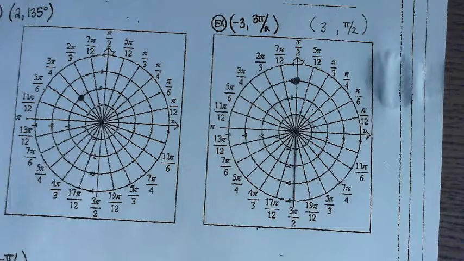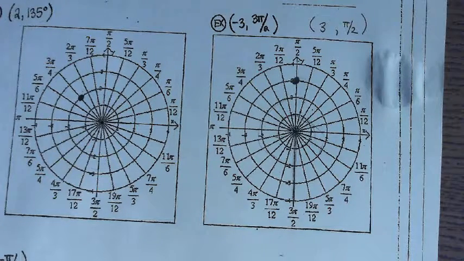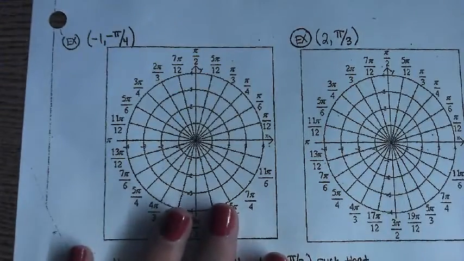So that's just different, because that's definitely not the way of things in the rectangular coordinate system. But in the polar coordinate system, the same point can be represented by different coordinates. Okay? Try to plot this one on your own.